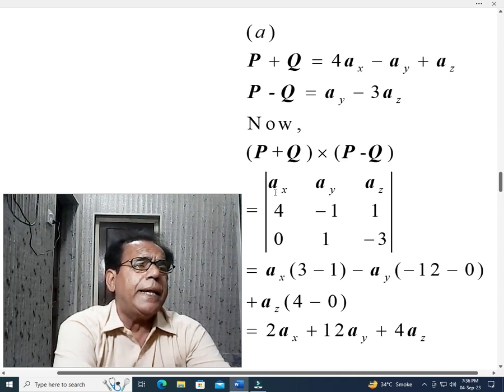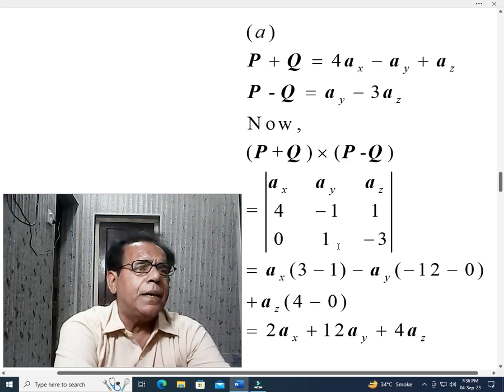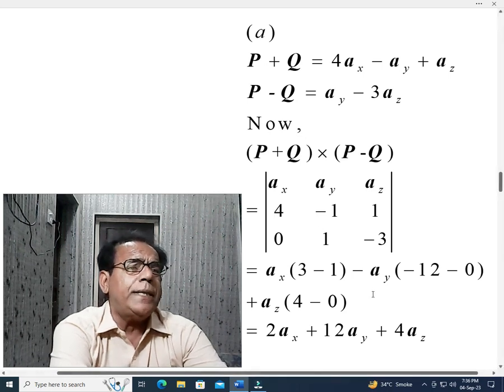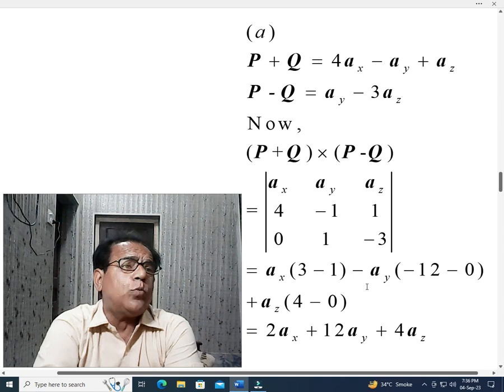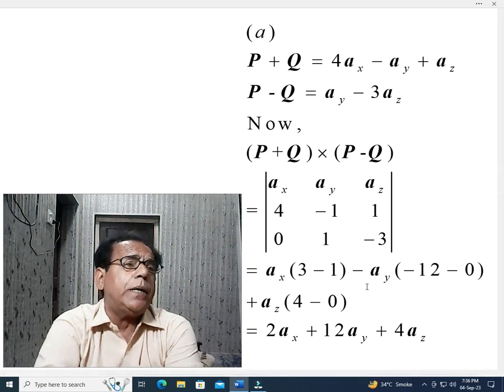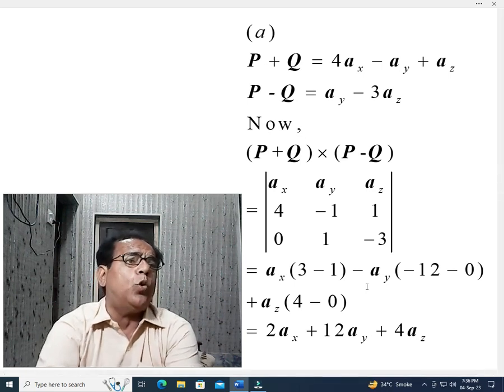Here AX, this minus this, minus AY, this minus this, plus AZ, this minus this. Actually, dear students, here with AY the minus sign arises because the concept of minors and cofactors becomes relevant.